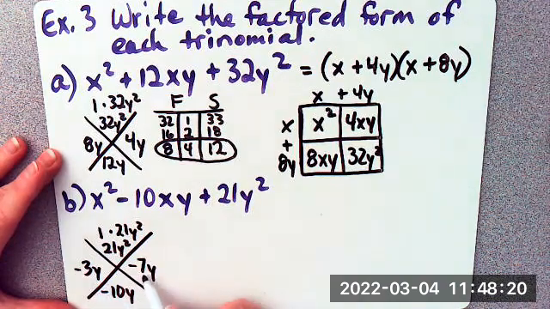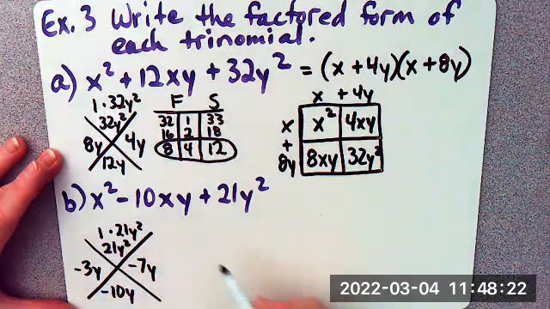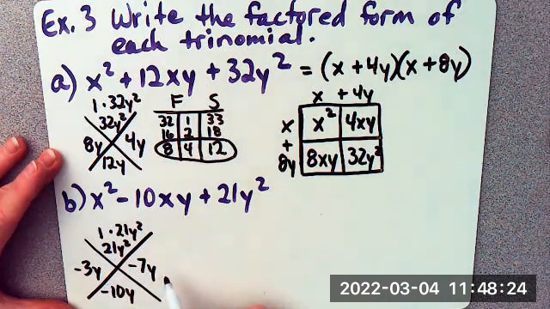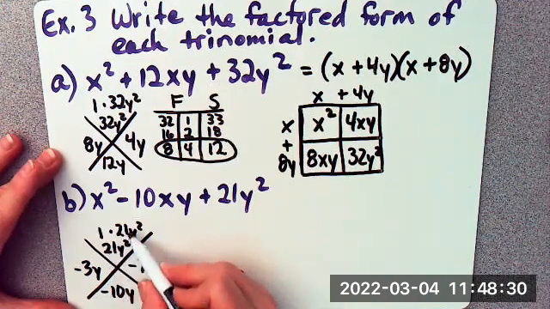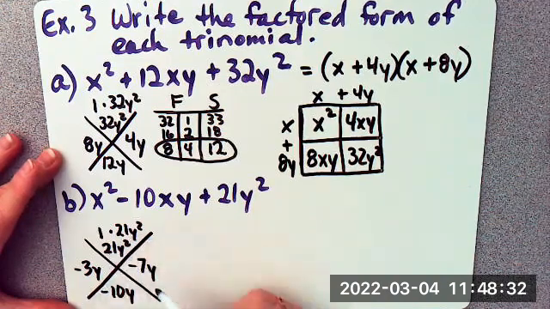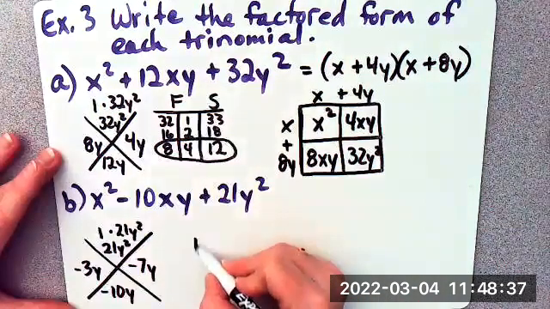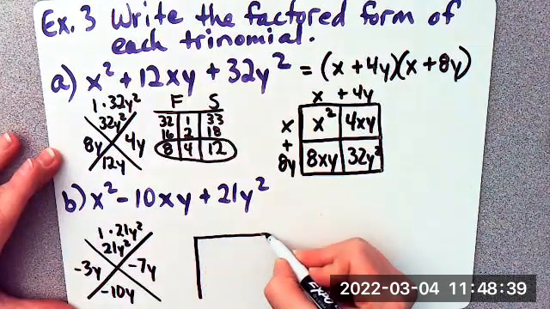Negative 3 times negative 7 is positive 21, and negative 3y times negative 7y is positive 21y squared. Negative 3y plus negative 7y is negative 10y. So now let's do the box.